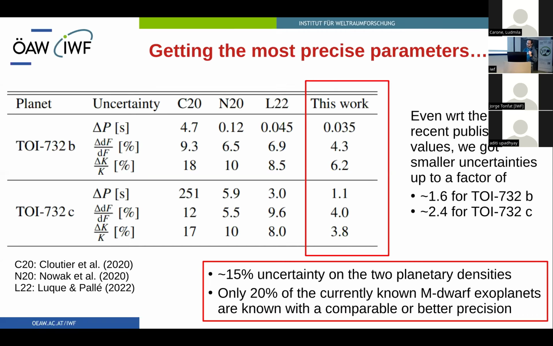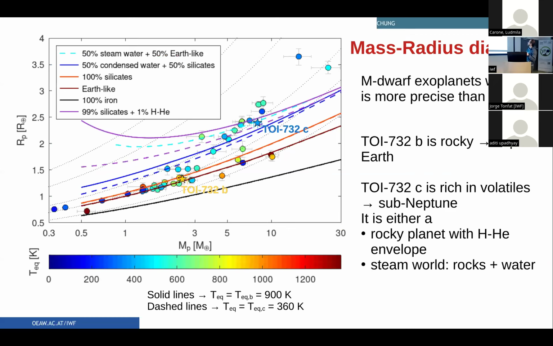And actually, this following slide goes along this way, because the first step to understand what the composition of the planet can be is to put the planets on the so-called mass radius diagram. So a plot where on the y-axis you can see the radius, on the x-axis you can see the mass. The different data points you can see here are all exoplanets orbiting M-dwarfs that were characterized with a very, very high precision density, so a density that is more precise than the 3 sigma level.